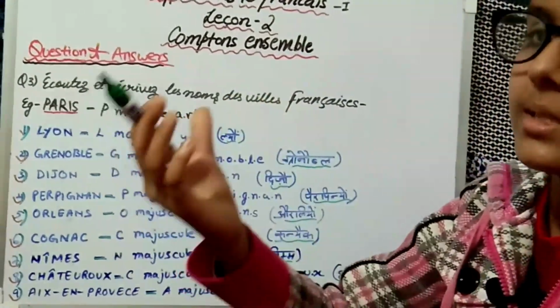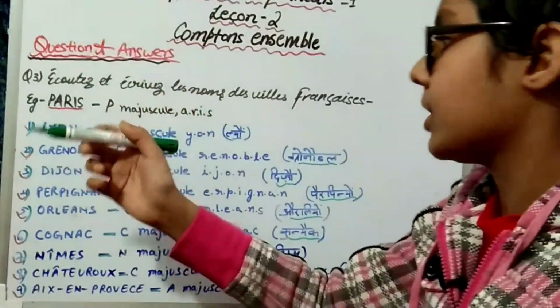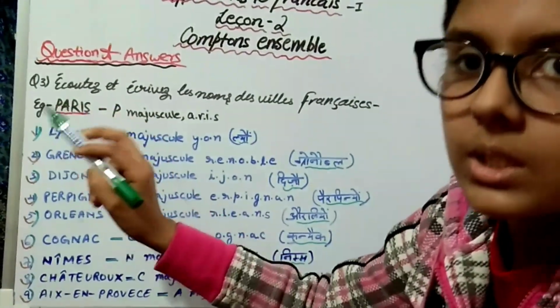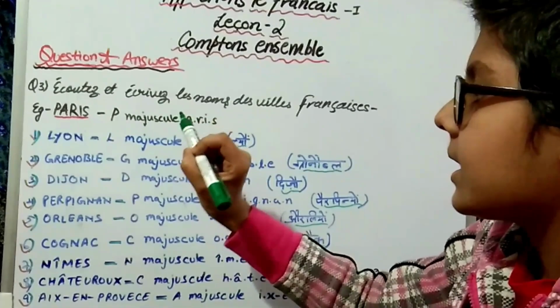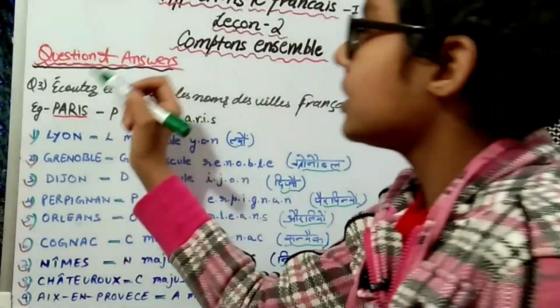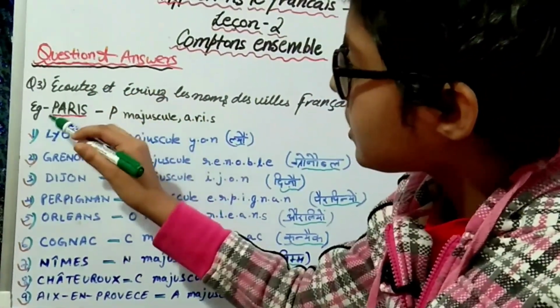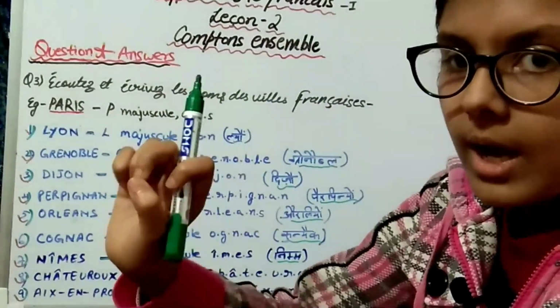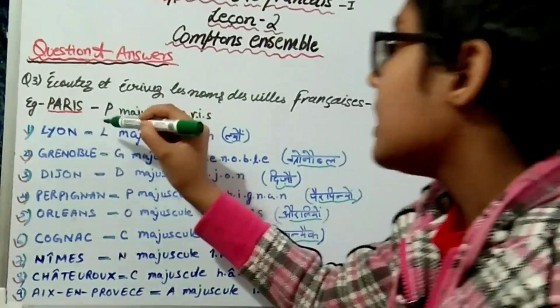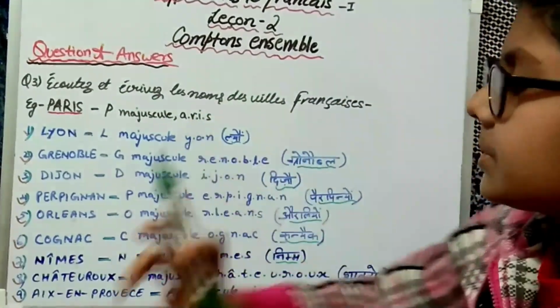So you can guess the meaning and the pronunciation of it. So let us see the example, and that is Paris. First I'll read the name, which is written in all capital letters, in English pronunciation of the alphabets, and then I'll read it in the French pronunciation.